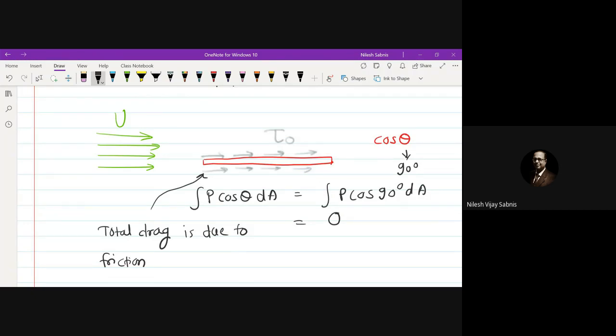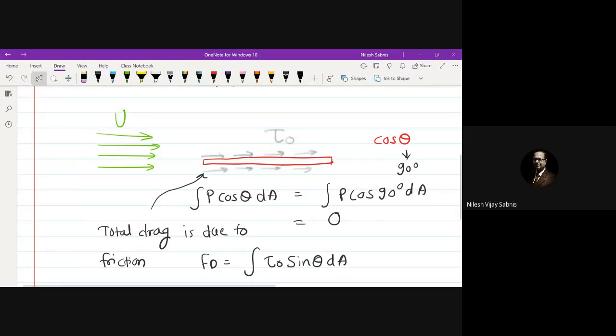The term integration tau 0 sin theta dA will become the main term, that is FD. It will be responsible for generating the total drag.